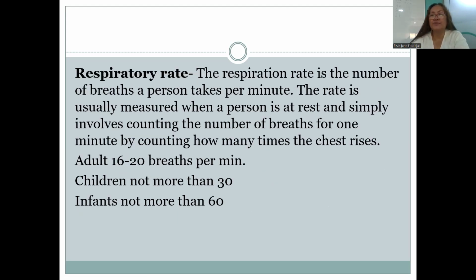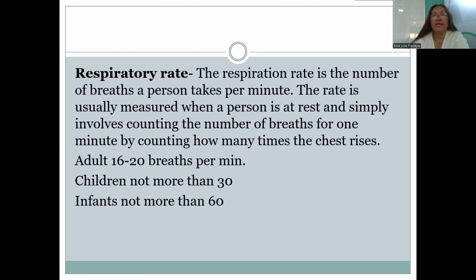Let's go to respiration, or respiratory rate, or your breathing. Respiration rate is the number of breaths the person takes per minute. So the same, you have to count your breathing for 60 seconds or 1 full minute.